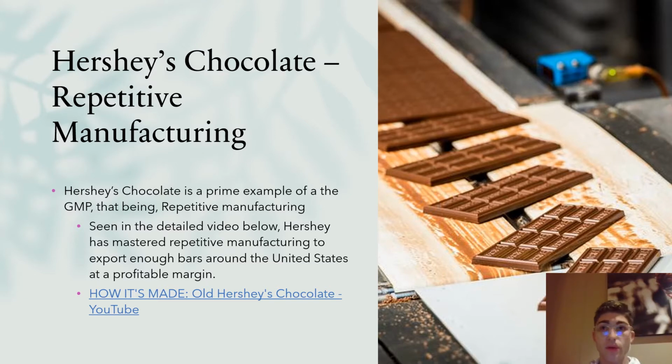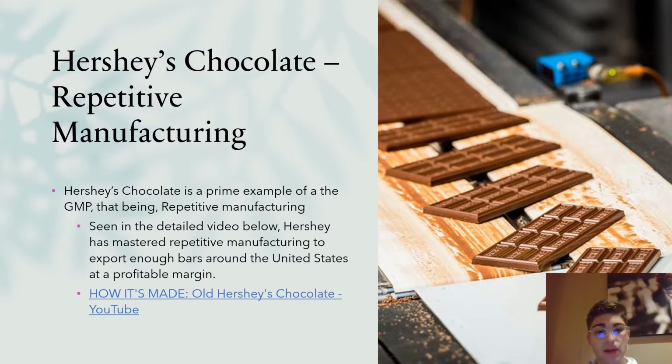Rather, the standards they put into their facilities and the regulations they impose on their workers and products really highlight what I showed in earlier slides, what the FDA tries to enforce on these industries, right? Hershey's is an amazing example of how to properly make and distribute a product at high volume using repetitive manufacturing in a safe and really good manner. It's a good manufacturing process.